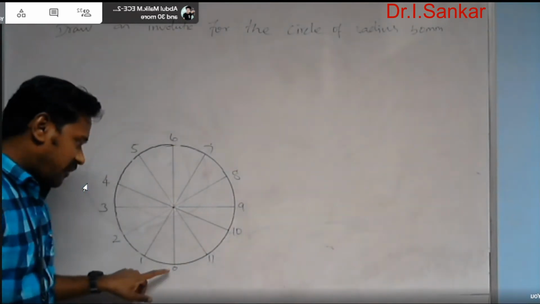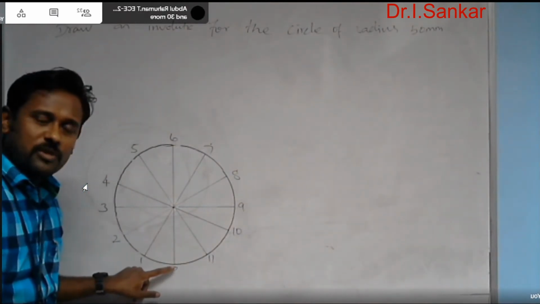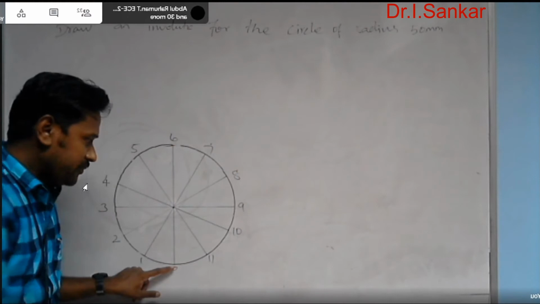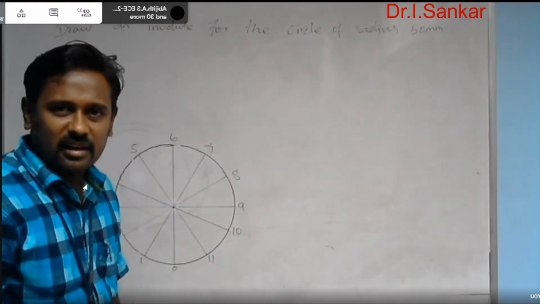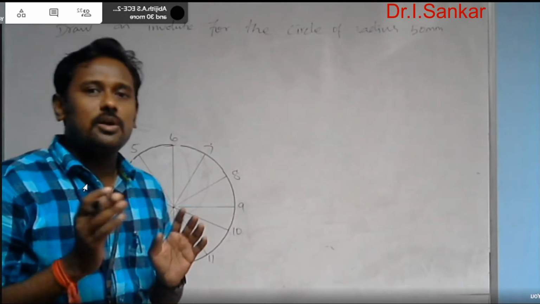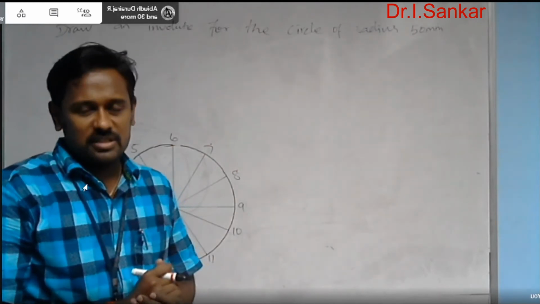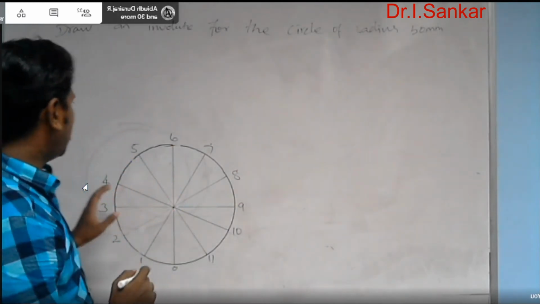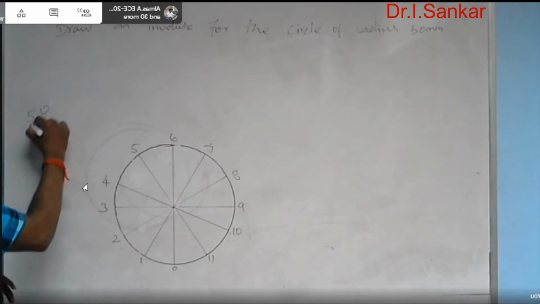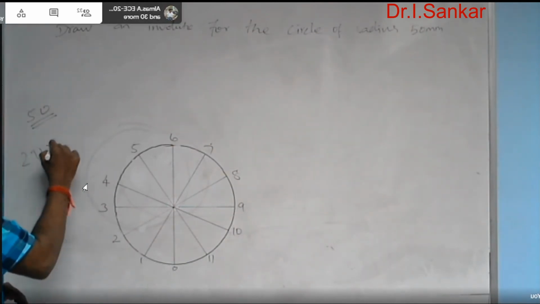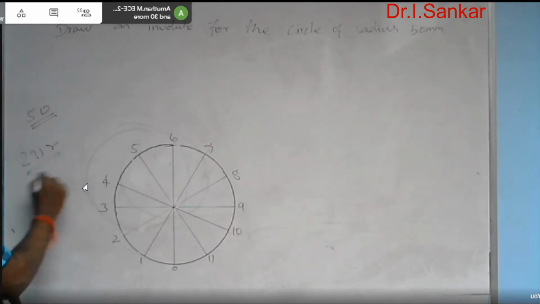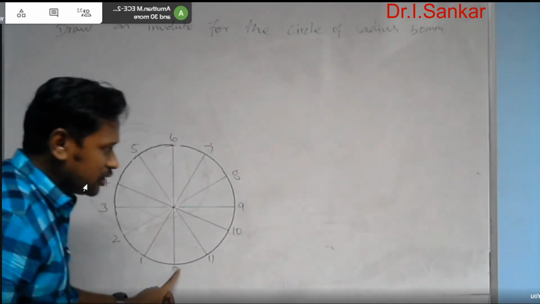And then from the point 0, the lowermost point, you have to draw a purely horizontal line with a measurement equal to the circumference of the circle. So this circle's radius is 50 mm. Radius is 50 mm. So find out the circumference, 2 pi r. How much is it? For that much length, you have to draw the line.